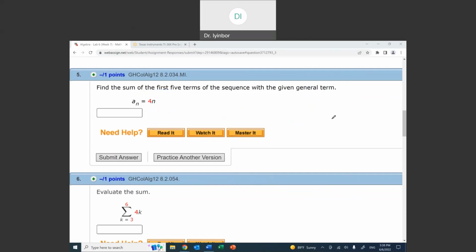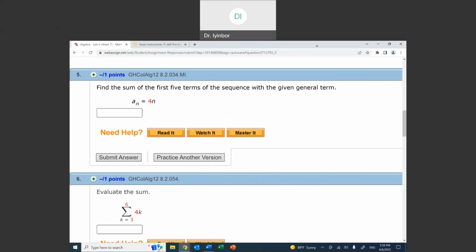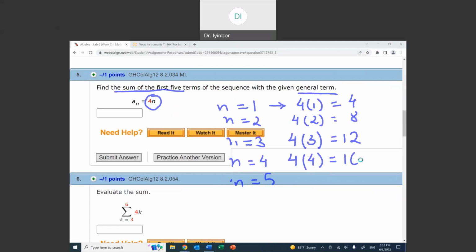Do the same for the 3. Replace n with 3. So that's 12. Then replace n with 4. So 4 times 4 is 16. Okay, and then you replace n with 5.